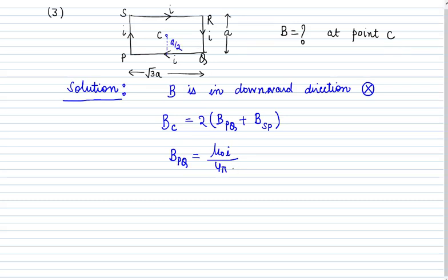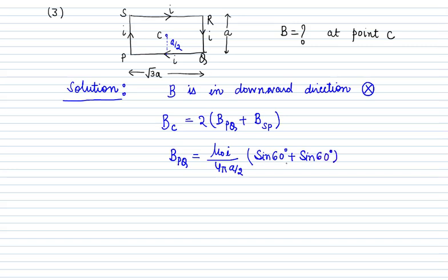So you can write the distance as a by 2, 4 pi r. And if you go to this angle and this angle, because this will be an equilateral triangle from here to here, each angle will be 60 degrees. So you can simply write sine 60 degree plus sine 60 degree. This is simply using the Biot-Savart's law.